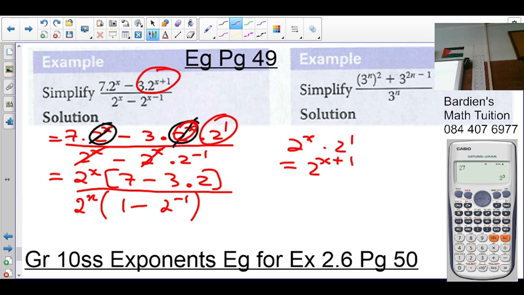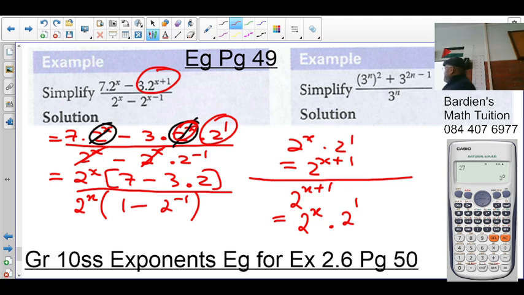You understand? So what I did was I said, okay, if I got 2 to the x plus 1, it can of course be written as 2 to the x times 2 to the 1. You understand? If I got 2 to the x times 2 to the minus 1, what would that be? 2 to the x minus 1.